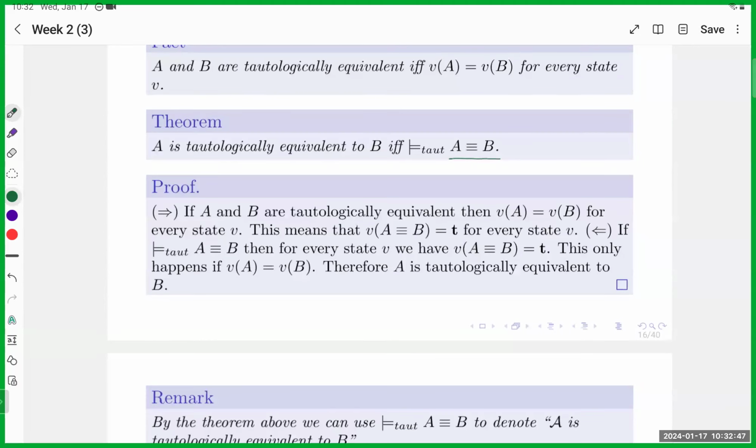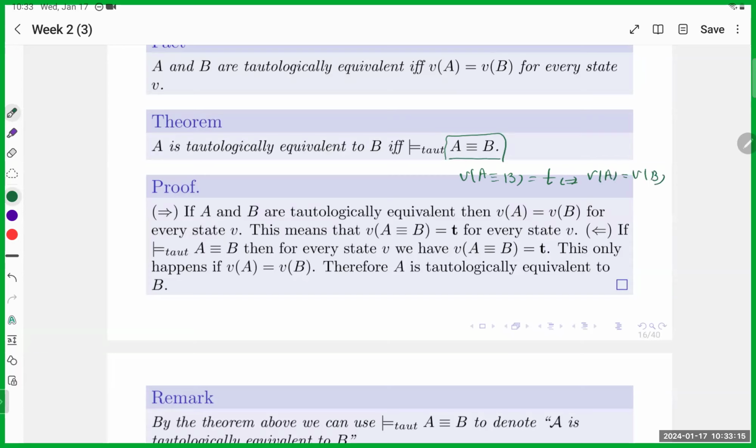A is tautologically equivalent to B says that the truth values of A and B in any state are equal. But if A if and only if B is a tautology, meaning it is always true for any state V, this is the same as saying that V of A is equal to V of B.